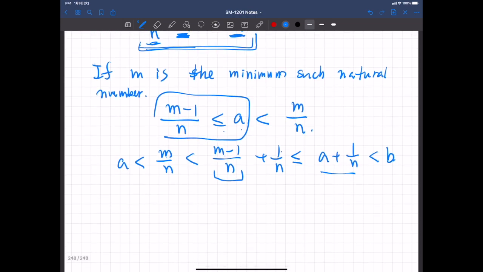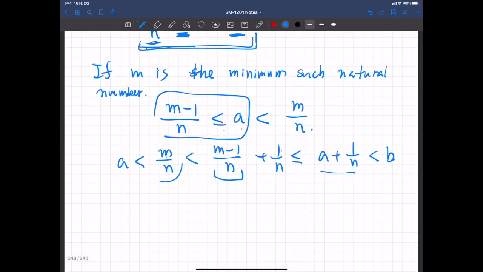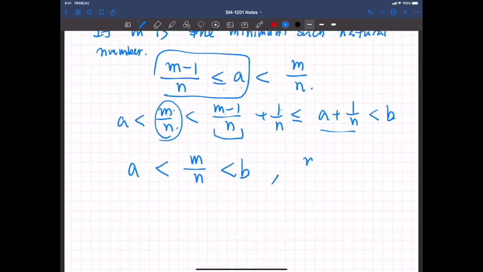So after all, this means this m over n, which is a rational number because m is a natural number and n is a natural number, lies between a and b. So after all, we have this, and m over n is a rational number. That's what we are looking for. So this proof is done.